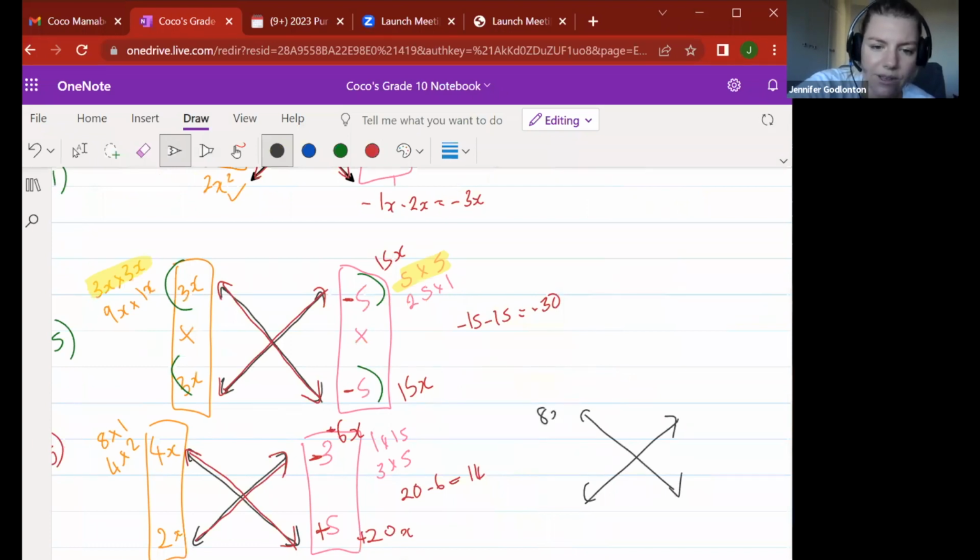We had 8x over here and 1x, and then if we had 15 and 1, this would multiply to 15x and this would multiply to 8x. And so I wouldn't be able to get to 14 with those two numbers. If that makes any sense.